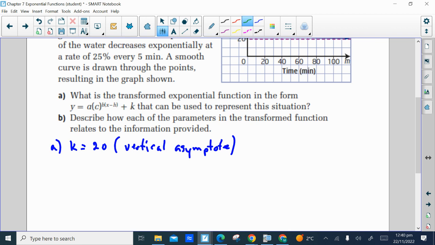In this case, the temperature of the water is decreasing at a rate of 25% every 5 minutes, so therefore, the amount that's being maintained, as I said before, would be 75%. And so c, the base, would be 0.75. This is our growth factor.